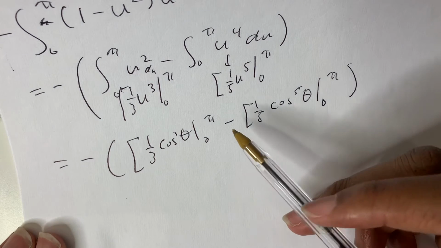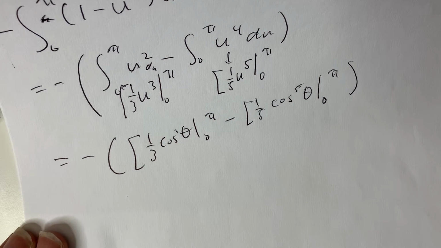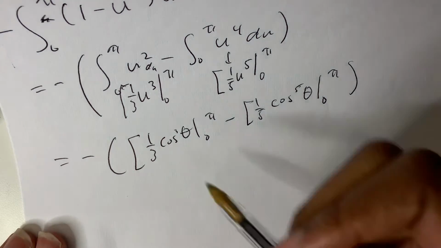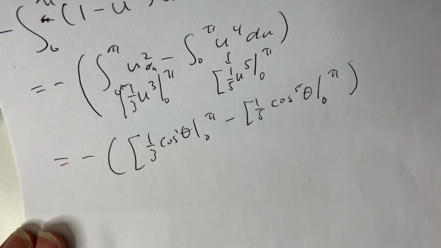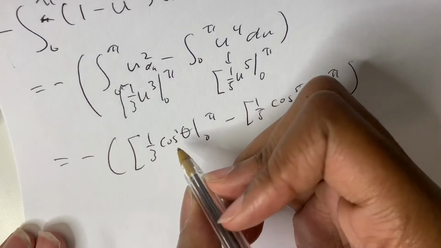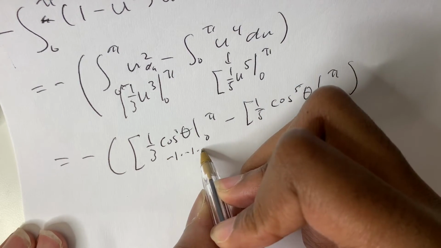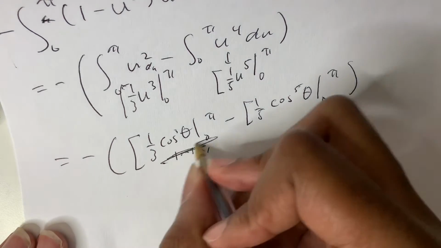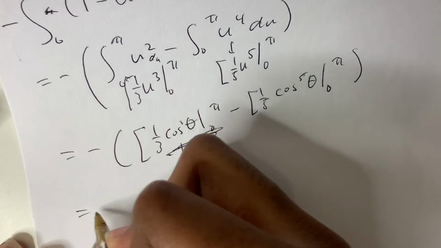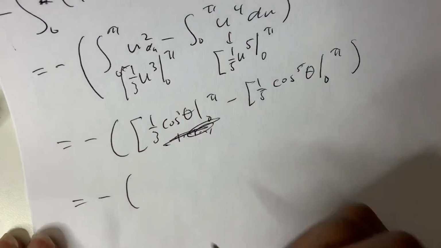Now again, cosine of pi is going to be minus 1. Actually, let me just expand this out first, so it's more clear.